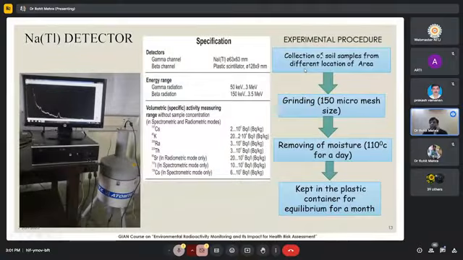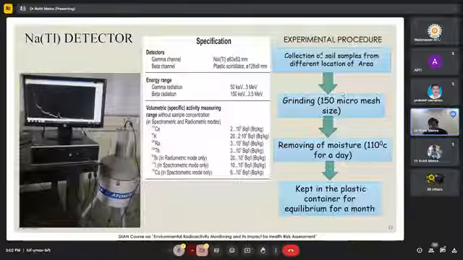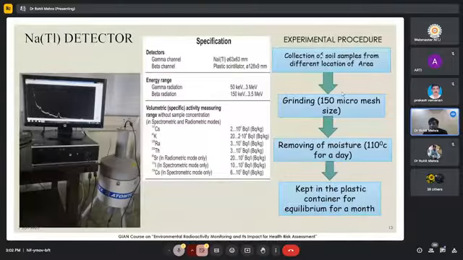Now, the samples were collected from different locations and areas, and we generally grind those samples. Then we sieve them with a 150 micron mesh size. What is the reason behind this? It is to make the samples very fine, so that the pores present in the samples are reduced and moisture gets exposed.